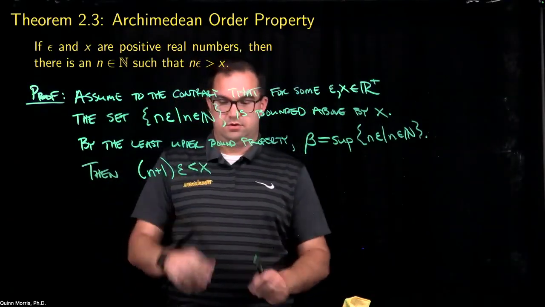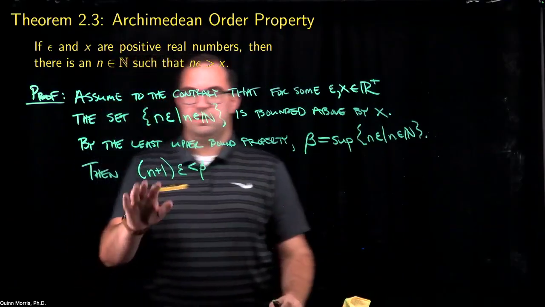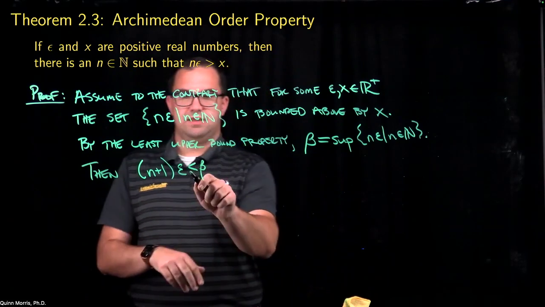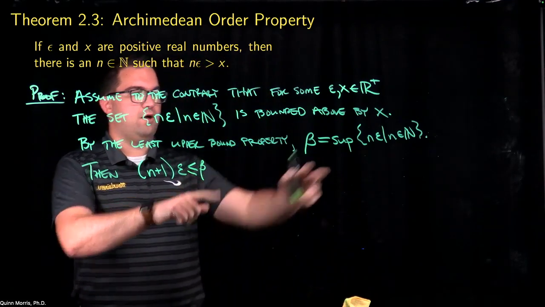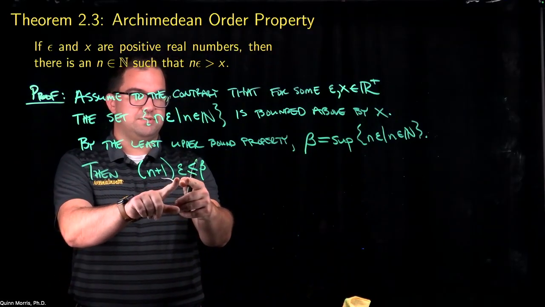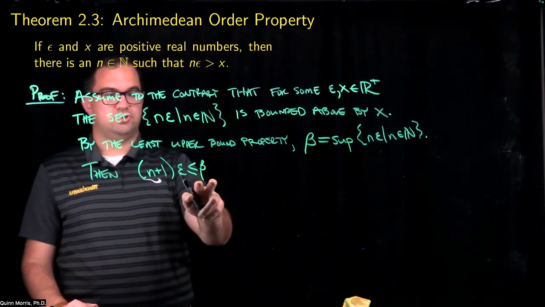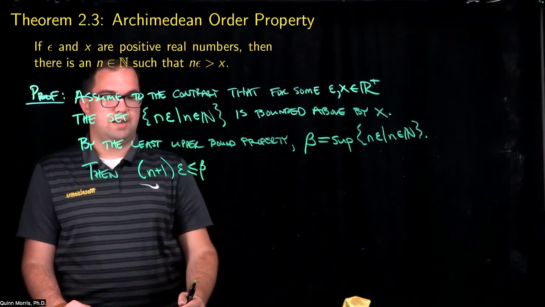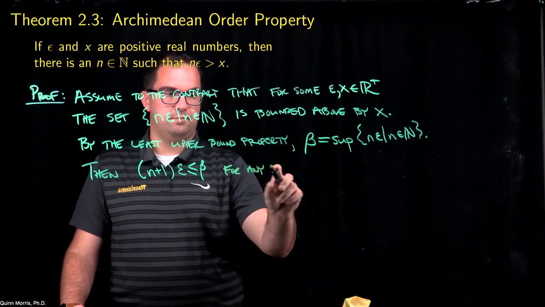So n plus 1 times epsilon should be less than or equal to beta, because beta is an upper bound for this set. This is some natural number times epsilon. So beta should be greater than or equal to n plus 1 times epsilon for any natural number.